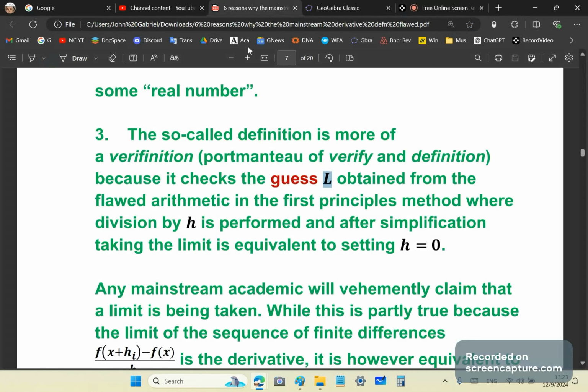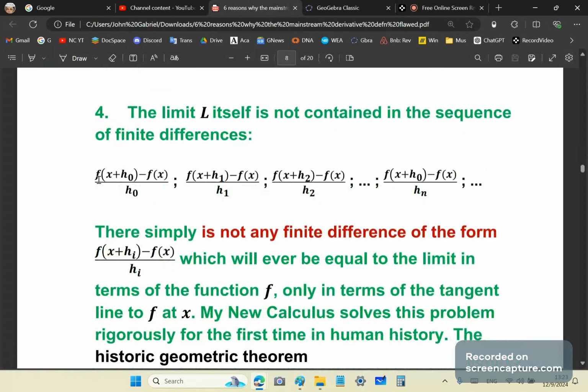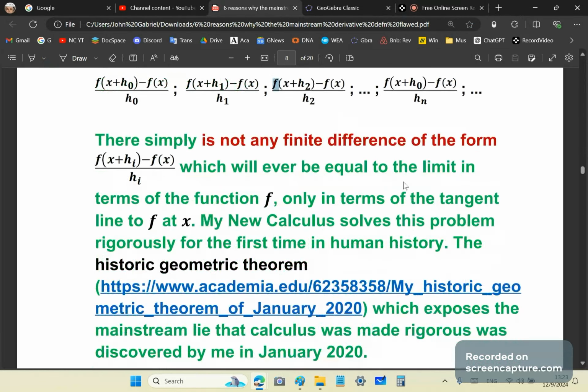Okay, now, the fourth reason is that if you consider this sequence of finite differences, there is no finite difference in terms of f that will ever give you the derivative, whether it's an integer or a rational number, with rational being redundant because all numbers are rational.